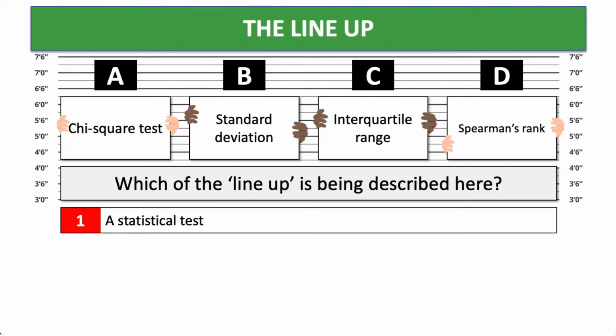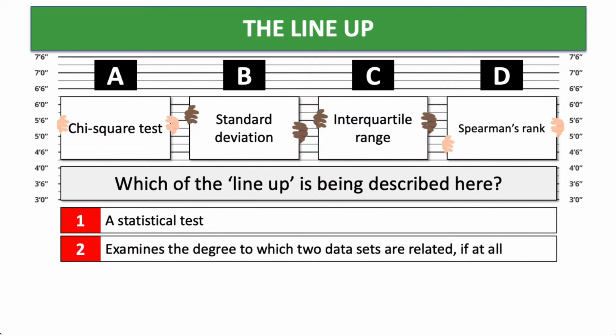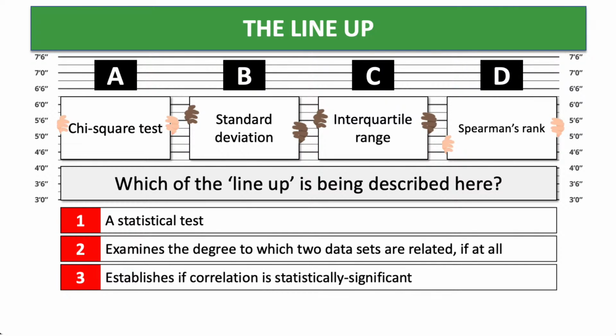So we've got one of them, which is a statistical test, whichever the answer is. The second characteristic is that it examines the degree to which two data sets are related, if at all. The third characteristic is that it establishes if correlation is statistically significant.